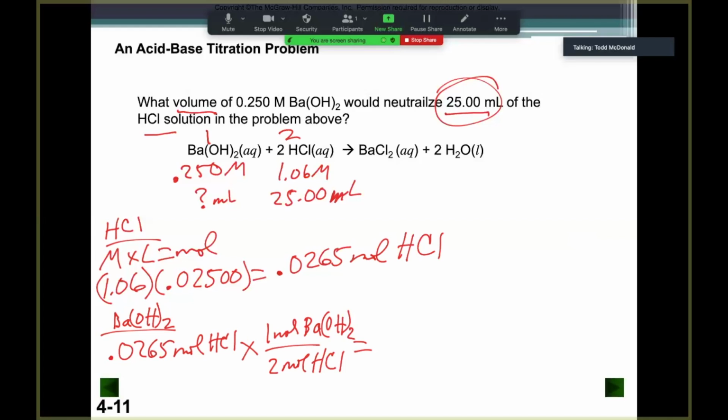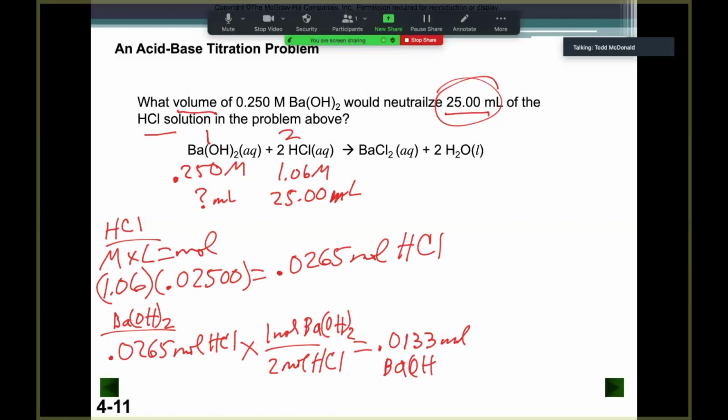So I divide by 2 and I get 0.0132, boy, I can't write today. That's a 3. 0.0132, and then I see a 5. I'm going to round this up to 0.0133 moles of barium hydroxide.